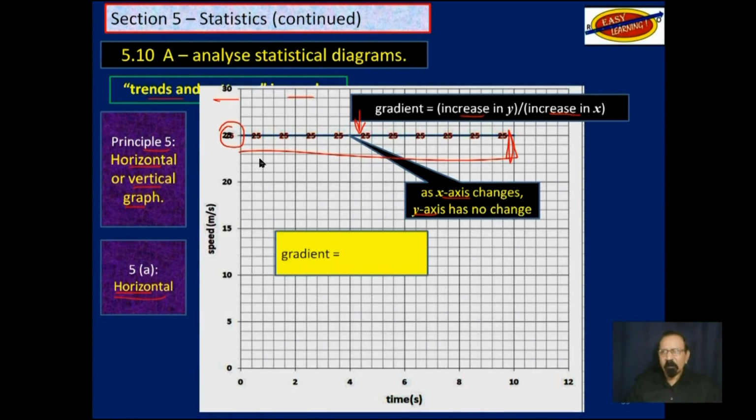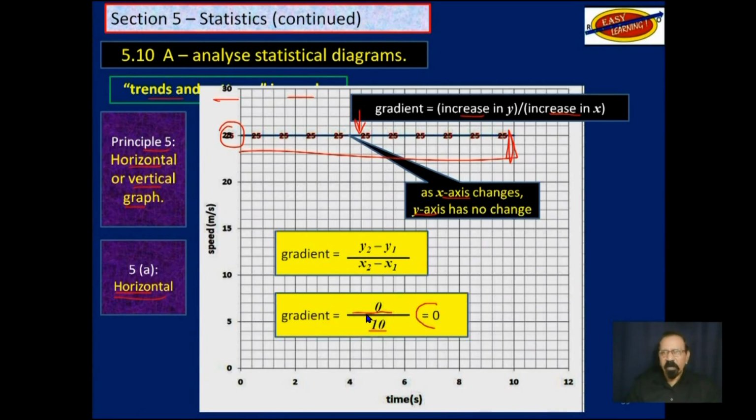So if we attempt to find the gradient of that line, y2 minus y1 divided by x2 minus x1, we get 0 for the increase in y. There is no increase in y, divided by 10. And so the gradient is 0, which means that there is no change taking place in that graph.